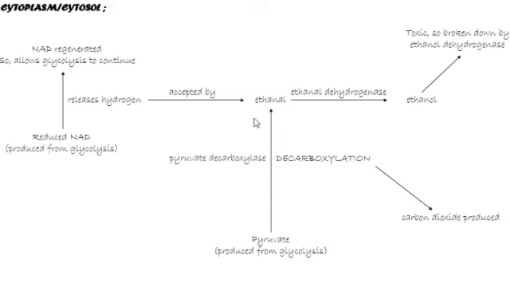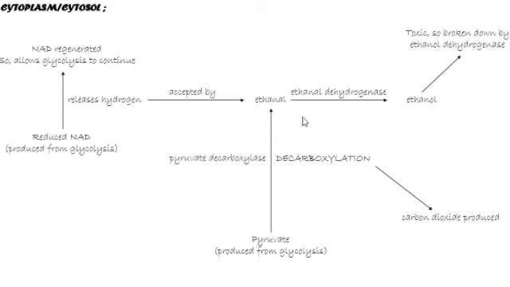Therefore, when ethanal accepts the hydrogen from reduced NAD, it forms a familiar compound called ethanol. This conversion of ethanal to ethanol is catalyzed by an enzyme called ethanol dehydrogenase. To summarize, ethanal accepts hydrogen from reduced NAD, forming ethanol, and this conversion is catalyzed by ethanol dehydrogenase.